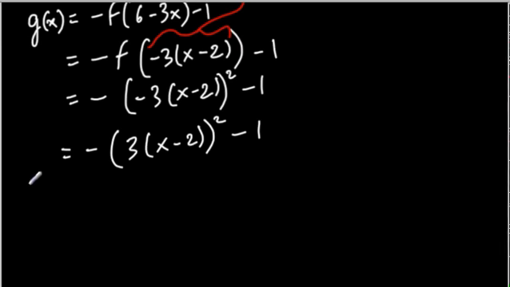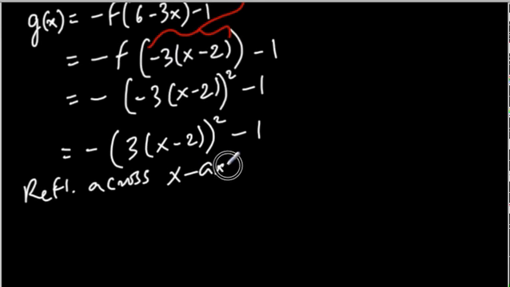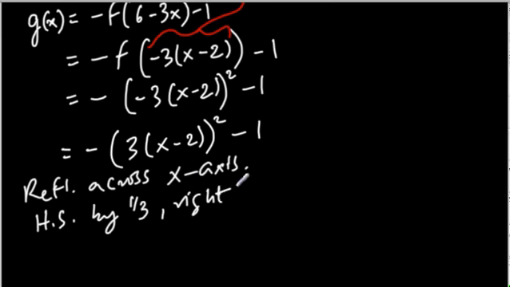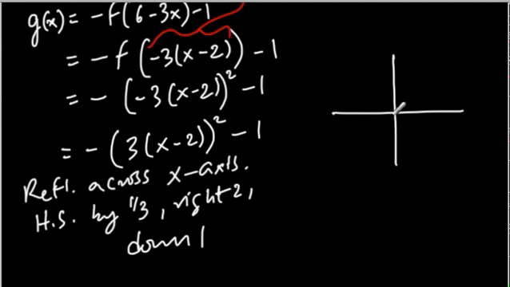So we can see that it's a reflection across the x-axis. It's a horizontal stretch by 1/3, and it's to the right 2 and down 1. So basically, we know that it's facing downwards.